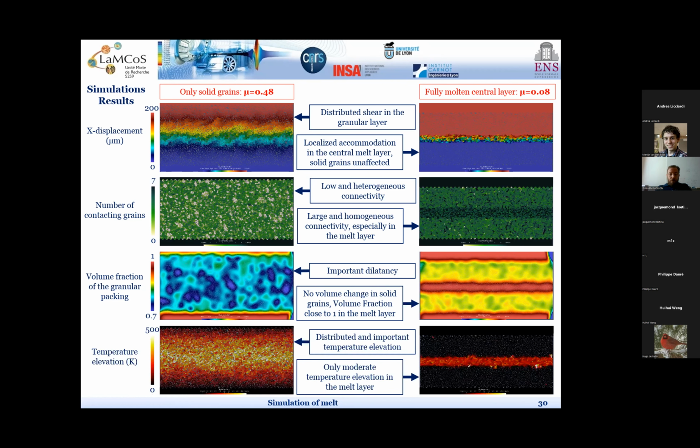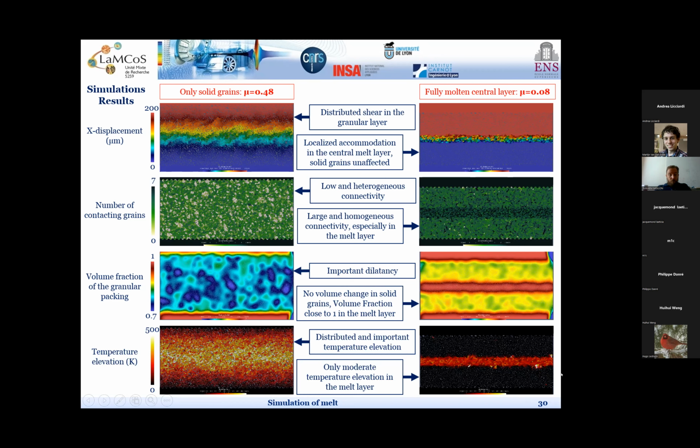In terms of temperature, we see that in the completely dry sample, the temperature increase is distributed in the complete layer, and it's quite high. So this is after 200 microns of slip, and we already have an increase of about 500 kelvins in the central part.